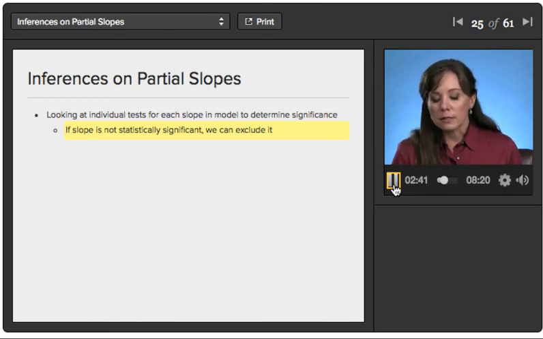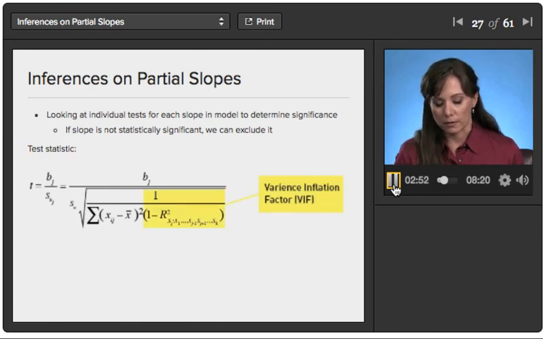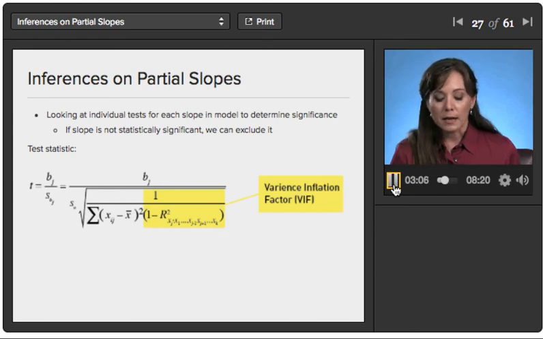Now, one of the side points that I want to show you is that the test statistic, or the standard error for the slope in the model, actually has a component in it called the variance inflation factor. We can divide an estimate for the slope by its estimate of standard error, and I've rewritten the estimate of standard error in this formula in an algebraically equivalent way, but in this way it shows you exactly that 1 minus r squared is included, but this is a special r squared.